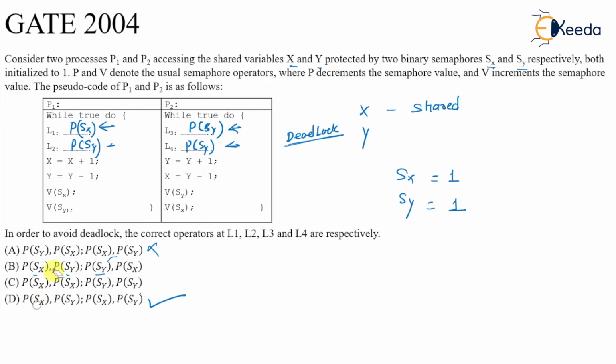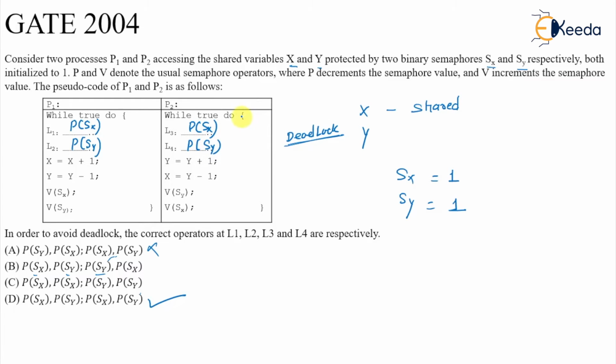Okay, and let me write here. I guess that is my solution. Well, let's see. Here it is saying PSX, SY. Okay, SX and SY. Here we will write the same thing, PSX, and here I'll write PSY.